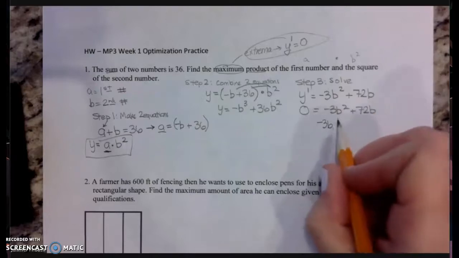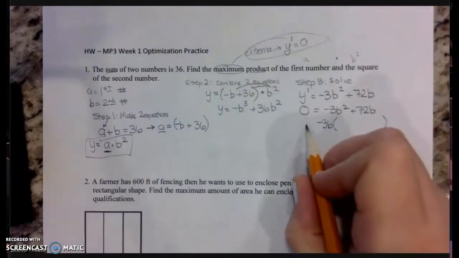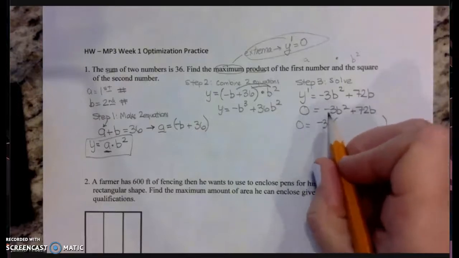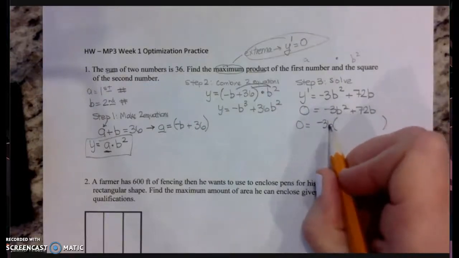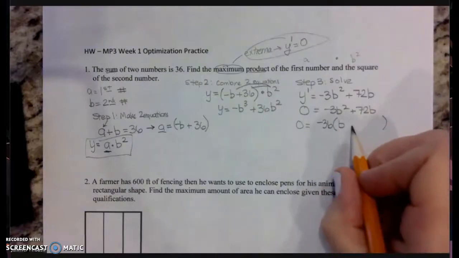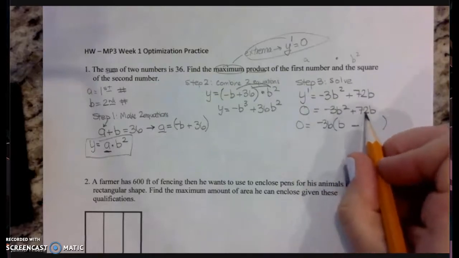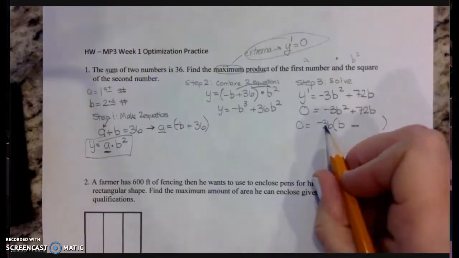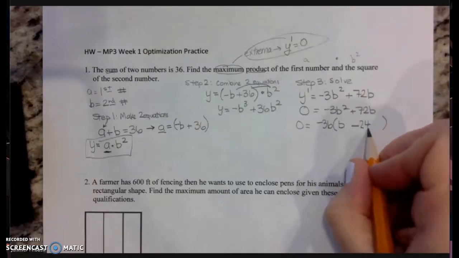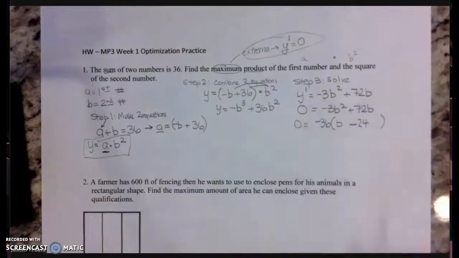If I divide this by negative 3, they would cancel out, and b with 2 powers divided by b with 1 power would be b with 1 power. And I need this to be a negative. 72 divided by negative 3 would be what? 24. And then the b's cancel out.